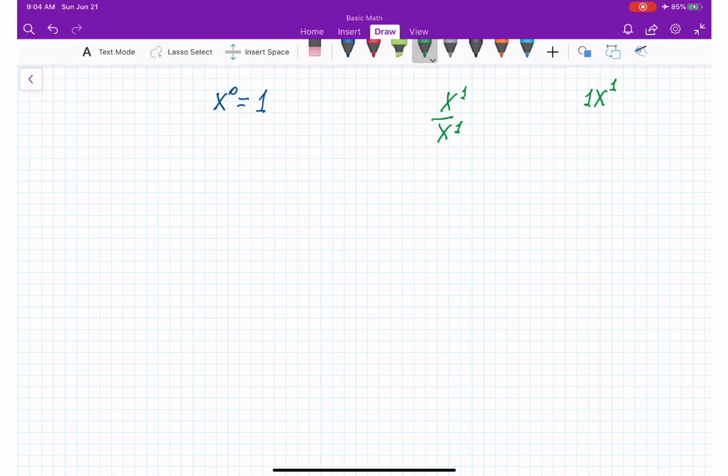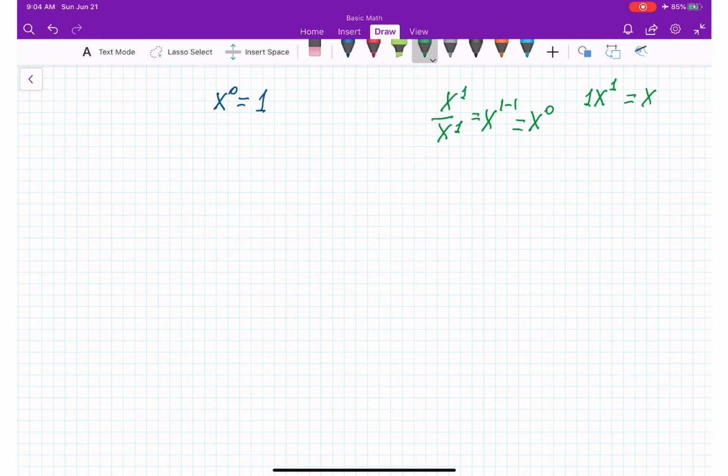Just like when you say 1 apple or n apple, it's the same thing. So x or x to power 1. And based on the rule of division for powers, we are going to get x to the power 1 minus 1, and that is equal to x to power 0, right?